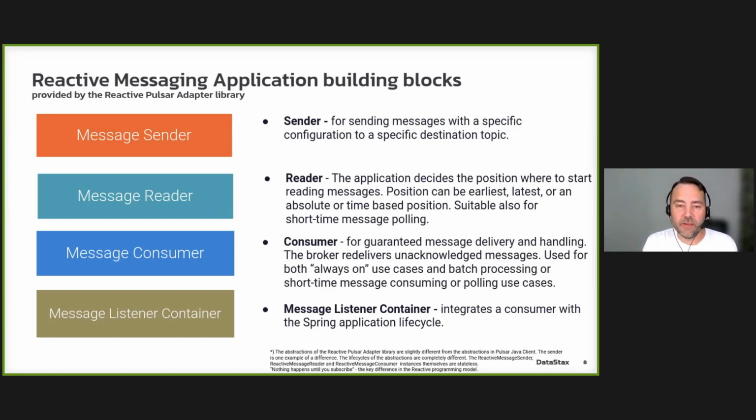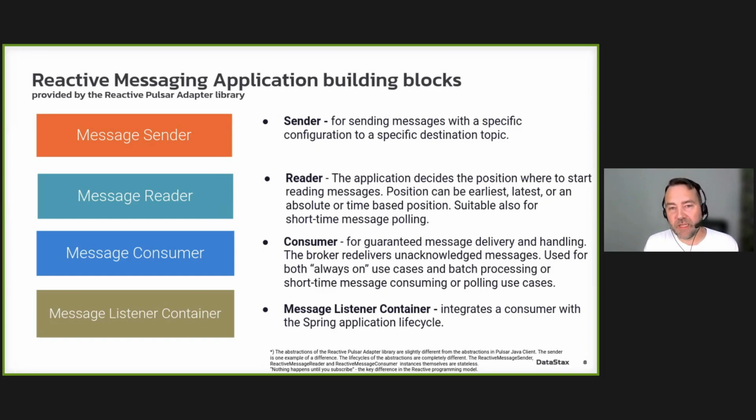And the small fine print on the slide is about how these abstractions don't map directly to the abstractions of the Pulsar Java client. In the properties of these instances, these are stateless, and that's part of the nature of reactive streams, that nothing happens until you subscribe, and I'll be explaining more of that later.